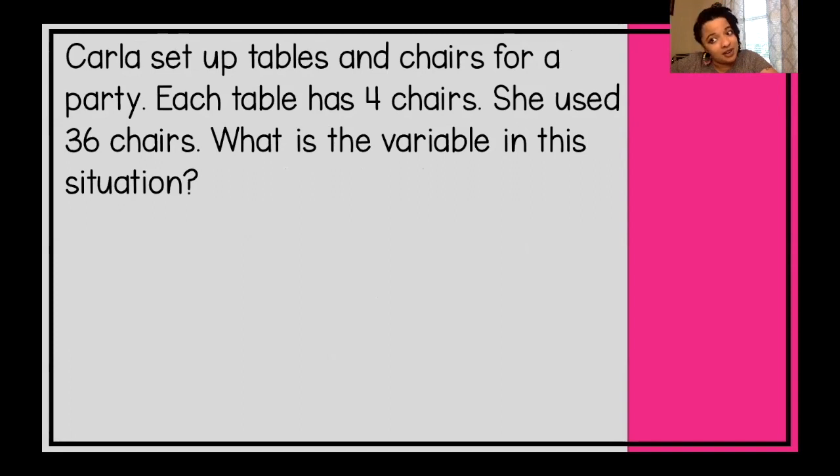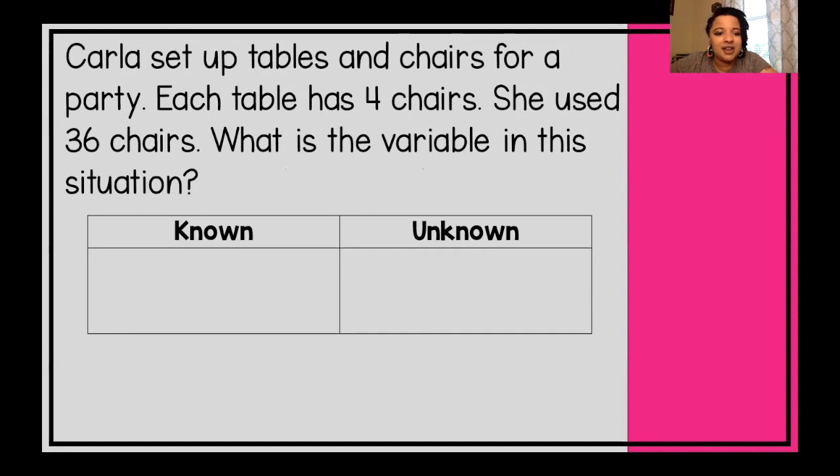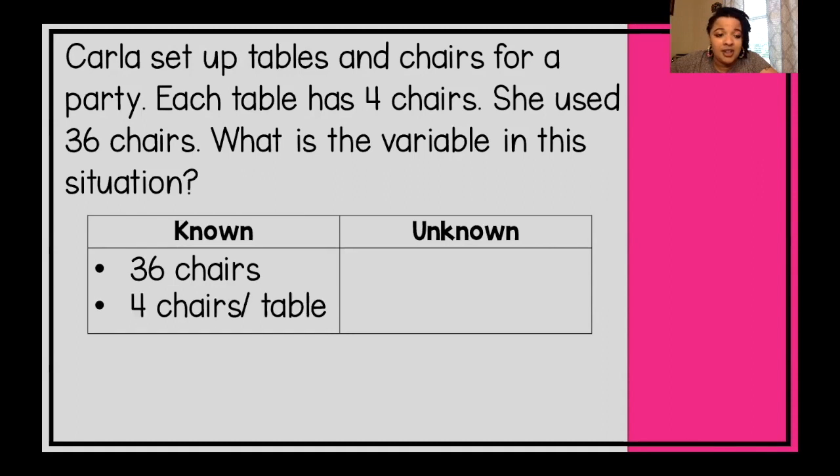Again, my variable is the thing that I don't know. Let's use another table to help us out with this one. Here is my table. What do I know in this problem? Well, I know that she used 36 chairs. I also know that there were 4 chairs at each table.